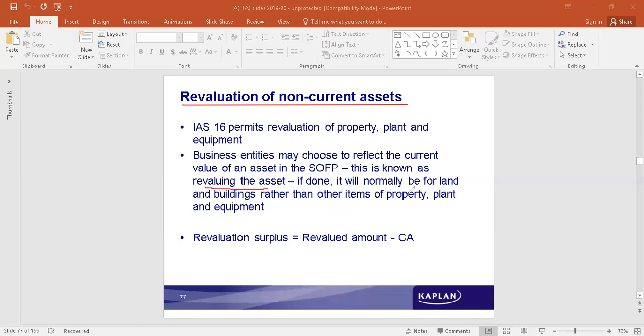Revaluation surplus is equal to the revalued amount, the difference between the revalued amount and the cost of the non-current asset.